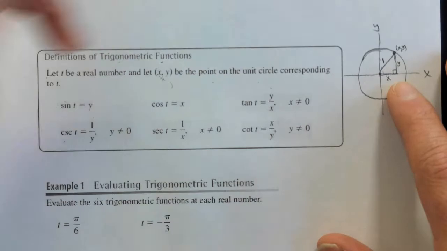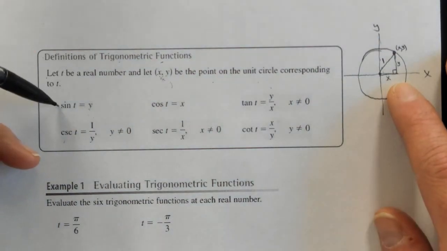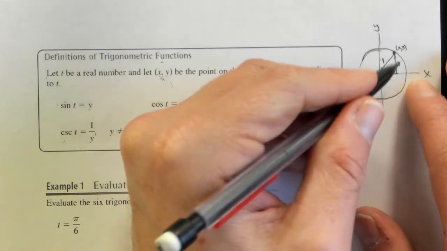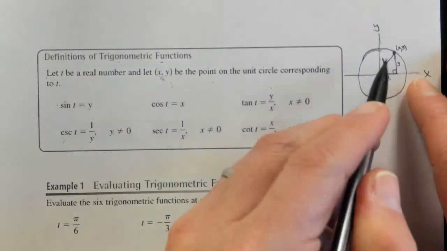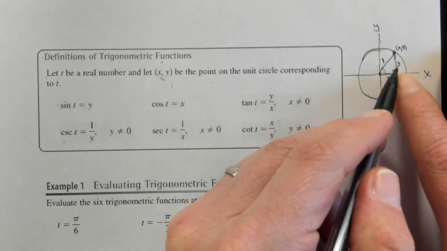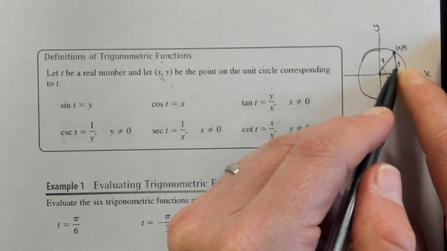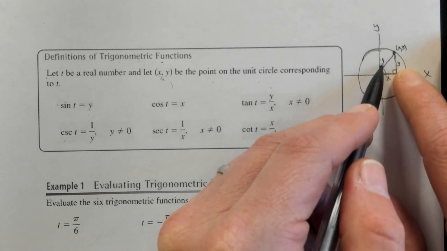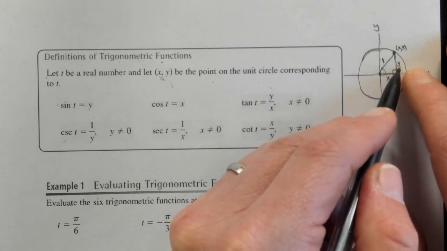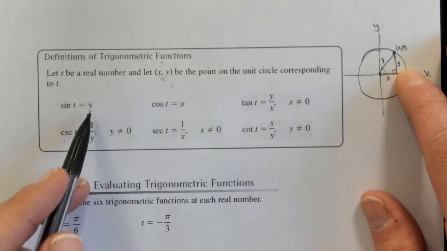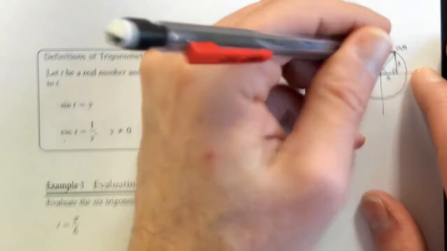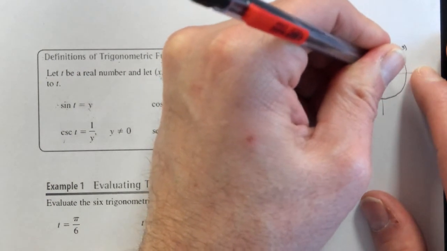All right? Now, remember what the sine formula that we've already learned is? So if I'm looking for this central angle, sine is opposite. Well, what's the opposite value here? It's going to be y over the hypotenuse. Well, what's the hypotenuse? 1. Well, what does y over 1 equal? It equals y. So remember, sine of t, and t is going to be your angle measure, right?